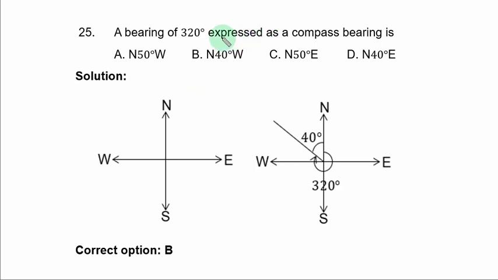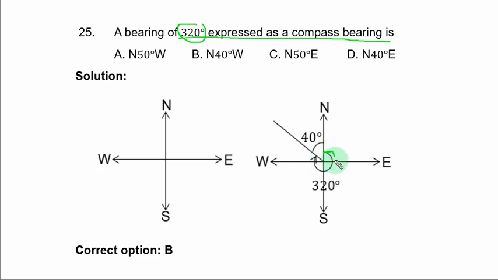Question 25. A bearing of 320 degrees expressed as a compass bearing is dash. This 320 is 3 digits. You convert it to compass or cardinal point bearing. So you have the 4 cardinal point. 320 is located in the 4th quadrant.